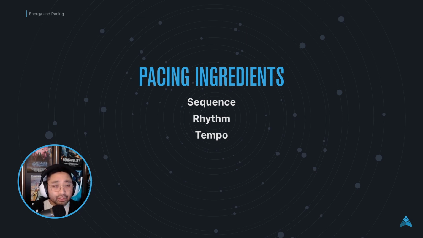If the energy and the pacing is being built up in a linear fashion where it's just increasing and increasing, that technically would be the rhythm or the lack thereof, because it's just continually climbing. Whereas if it goes up and then down a little bit, then up even further and then down a lot, then up a little bit, then down a little bit, then up a lot, that would technically be the rhythm at which the energy and pacing is building up.